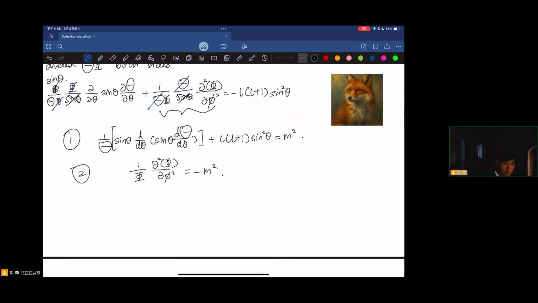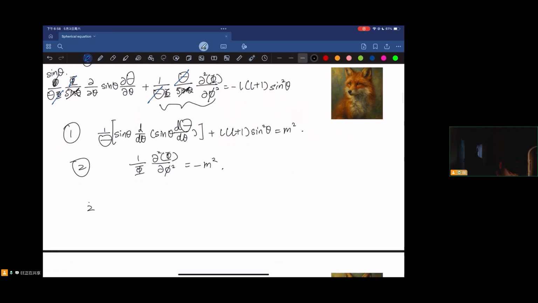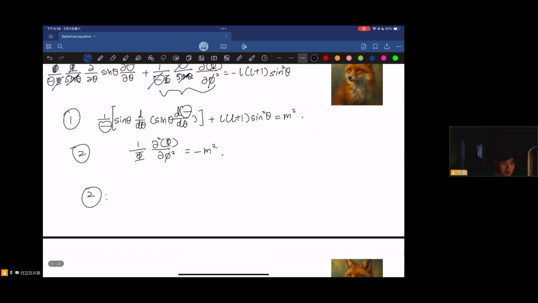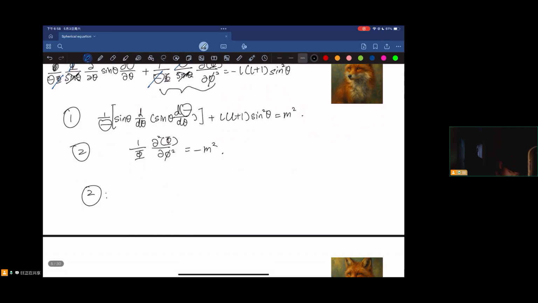Now we have two differential equations. So let's talk about the second differential equation, because here the solution is easier. If I multiply both sides by the big phi on the right, I will have negative big phi m squared.